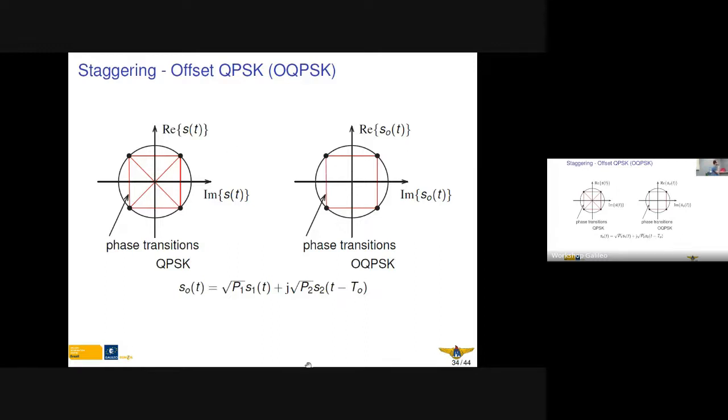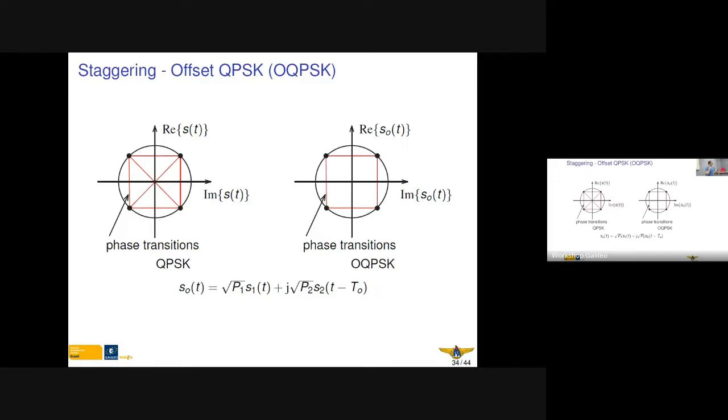And this is then the special case of what's called offset QPSK. So we have a QPSK modulation with an offset. If we use the same chip shape on both signal components, then this delay is exactly half a chip. We can also play with this delay dependent on the chip shape. We can achieve better PAPR if we play a little bit with this delay.